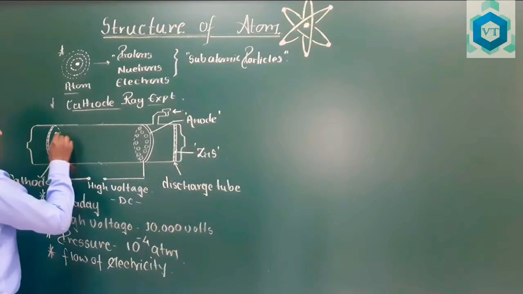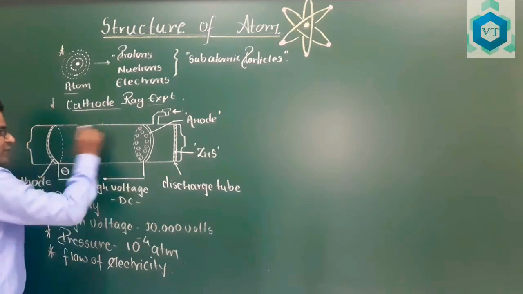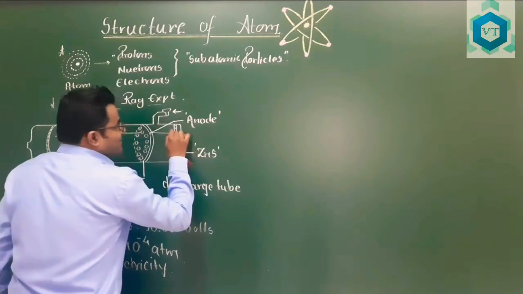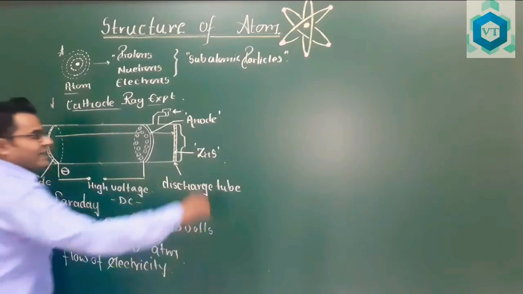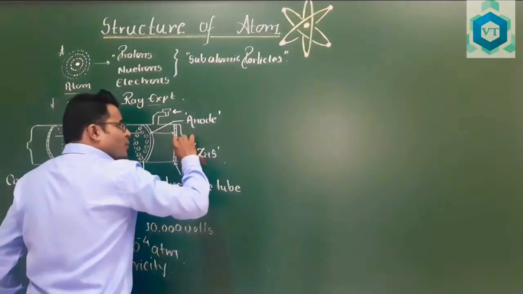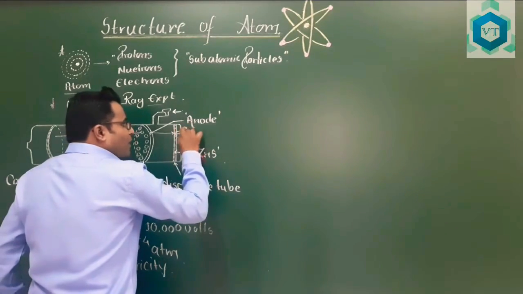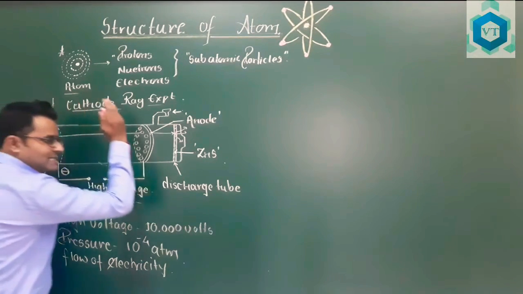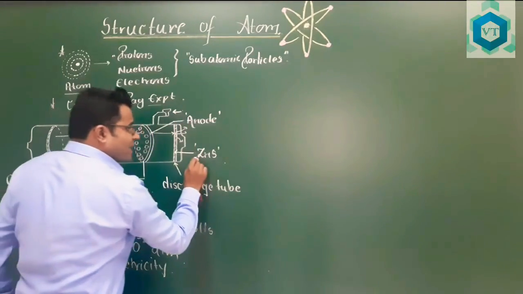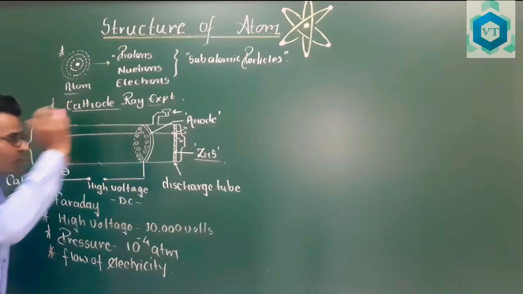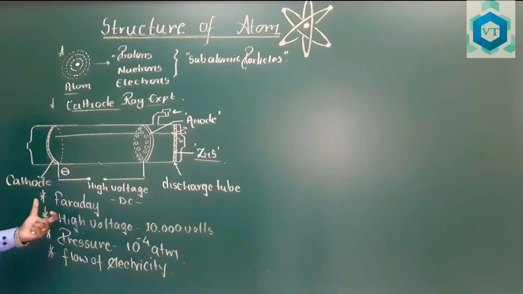So whenever there was a passing of electricity, the rays were passing through these holes and striking this foil of zinc sulfide, and this zinc sulfide foil used to glow, indicating that some invisible rays were passing through the anode and striking the sheet of zinc sulfide. This is one conclusion that they gave.